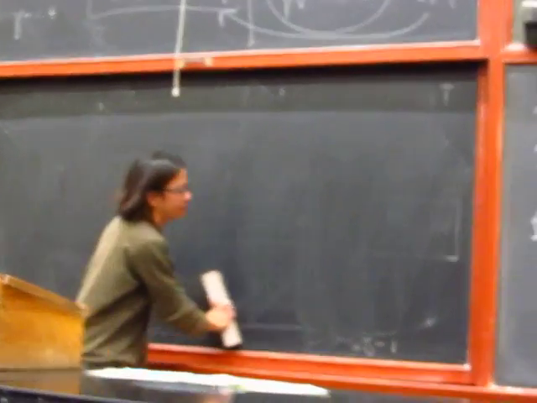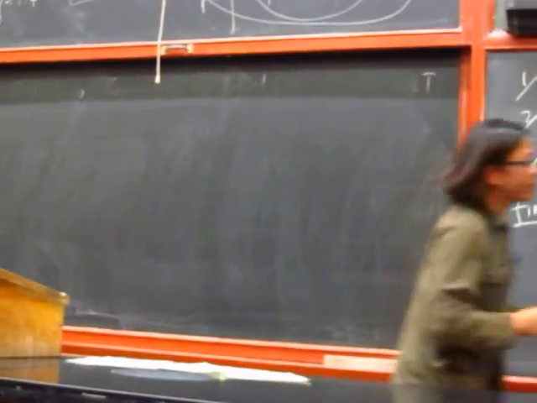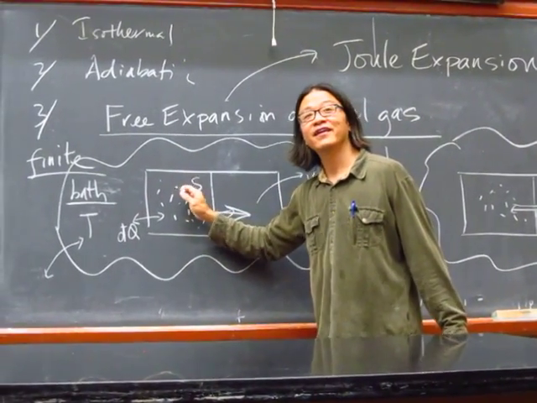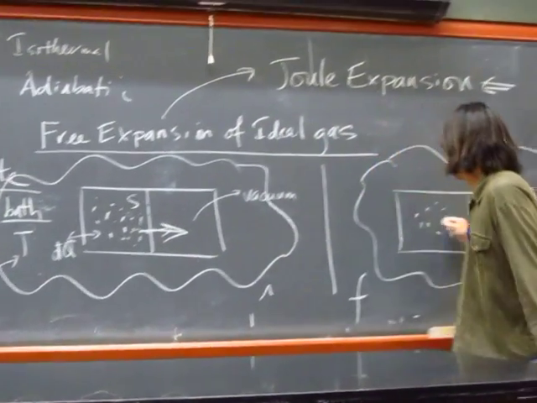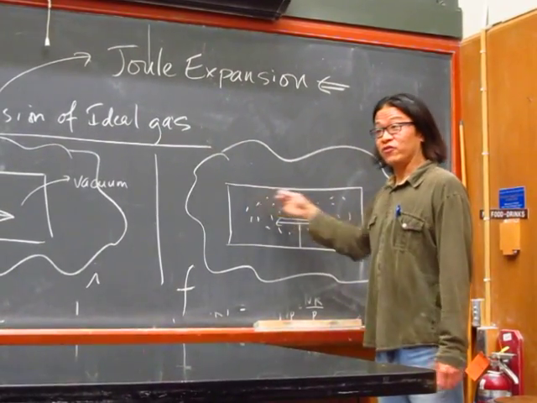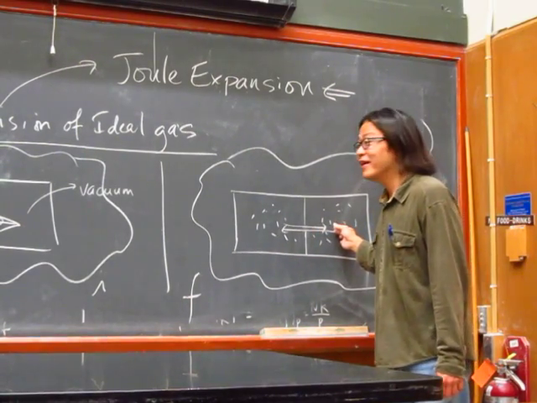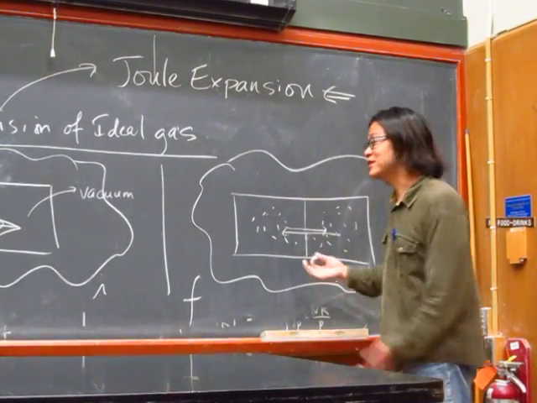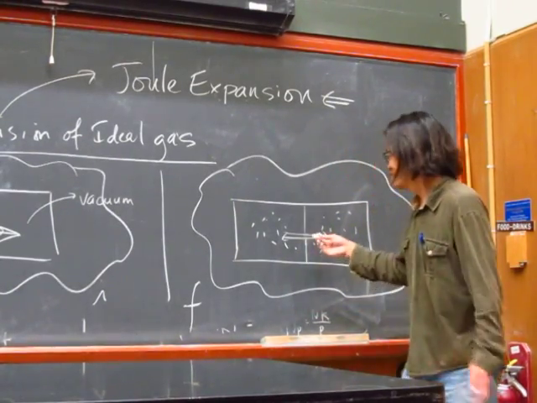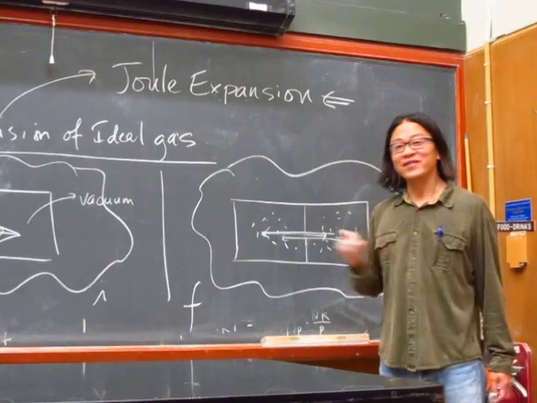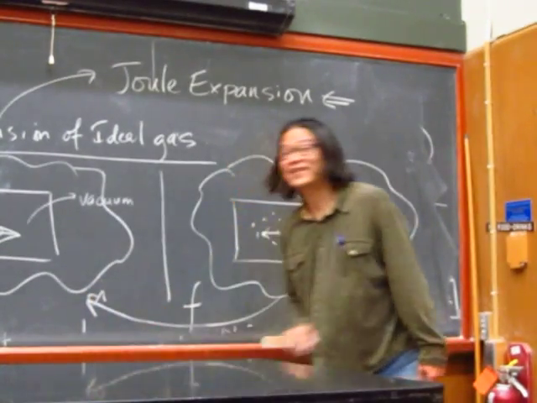We haven't really talked about it that much, but the whole thing started over here, and then over time it's uniformly distributed in the two compartments. Intuitively you can say it's not reversible because it will never happen again that the gas all moves back.